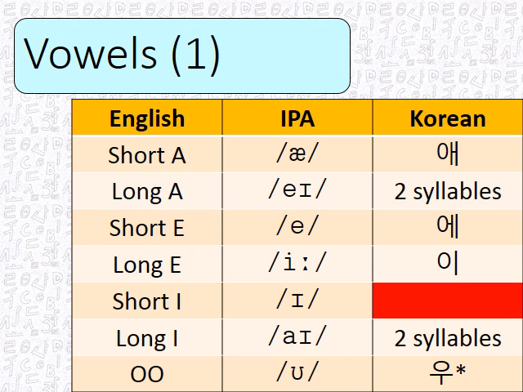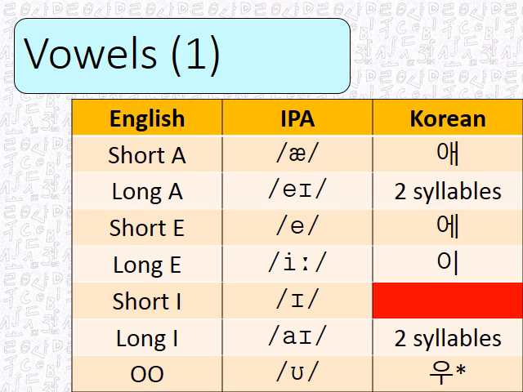This chart shows the first part of the vowels for the English IPA and Korean vowel sounds. There are more direct relations here than in the consonants, other than the English diphthongs are considered two symbols instead of one in English. Short A, short E, long E all have Korean counterparts.